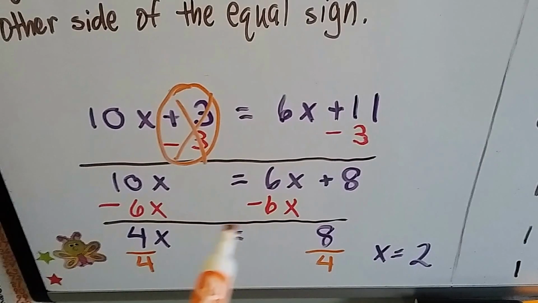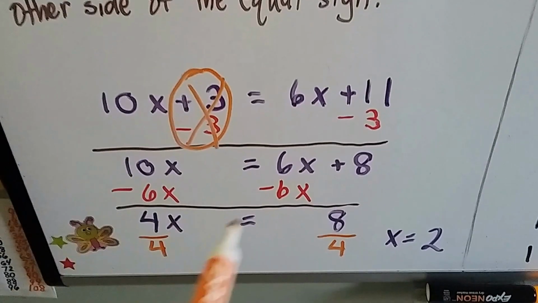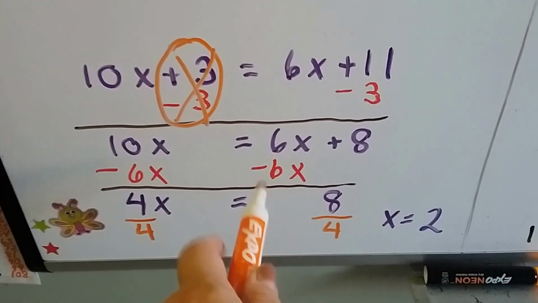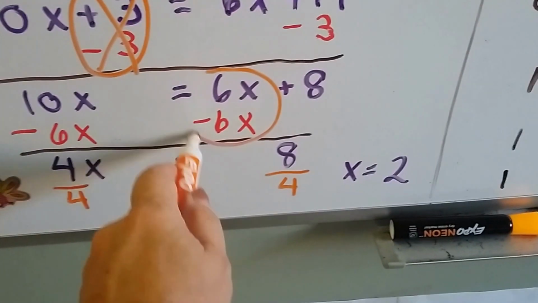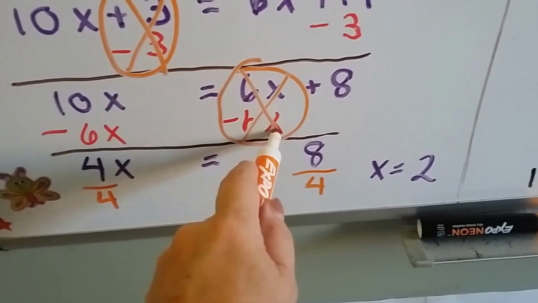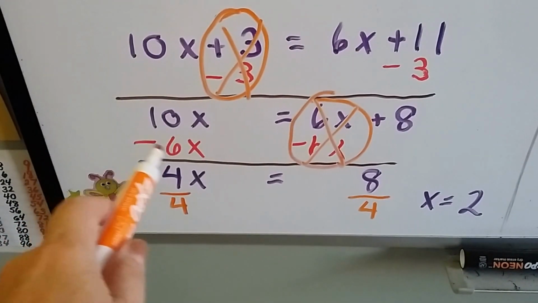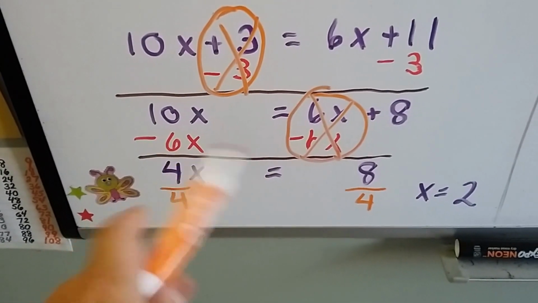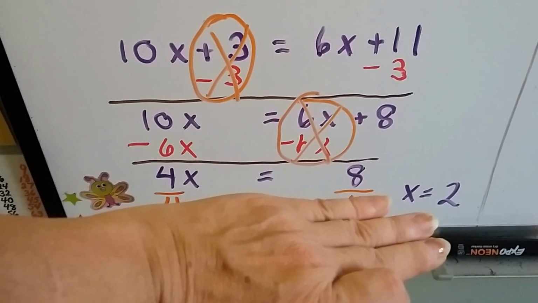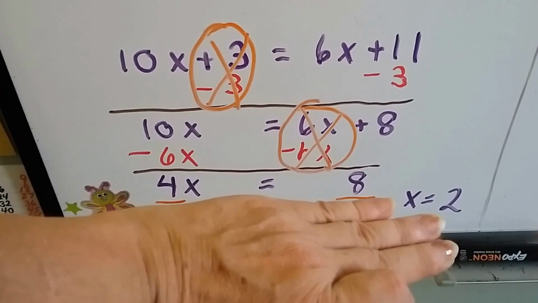Now we can take 6x away from both sides. This is a positive 6x, so if we take away 6x, it's going to create another 0 pair. And now our equation has 10x minus 6x on the left, so we have 4x. We drop down the 8, and we've got 4x equals 8.